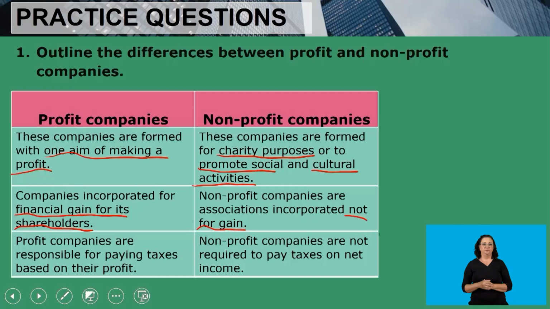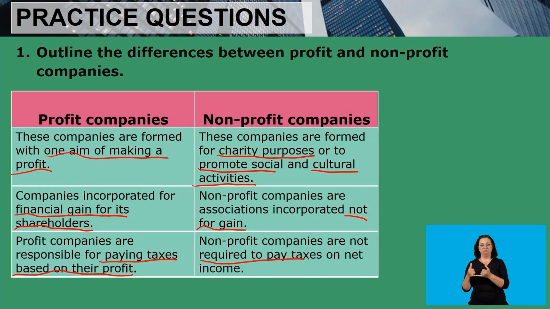Then profit companies are responsible for paying taxes based on their profits. So with profit companies, they are taxed on the profits that they make. Whereas non-profit companies are not required to pay taxes on net income.